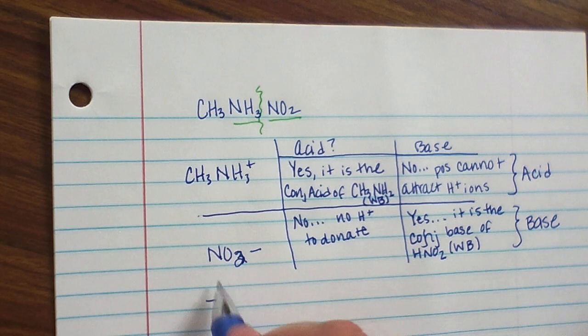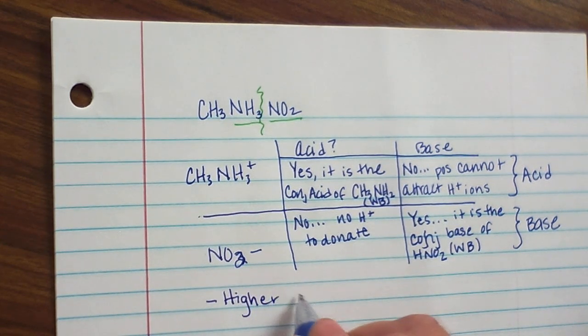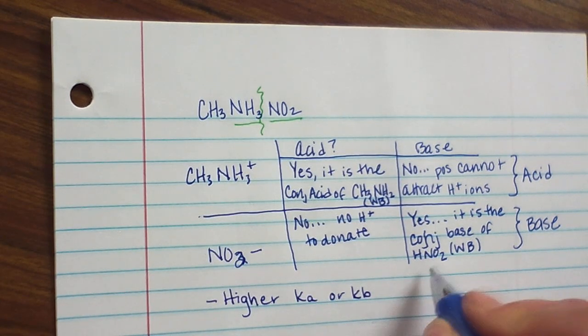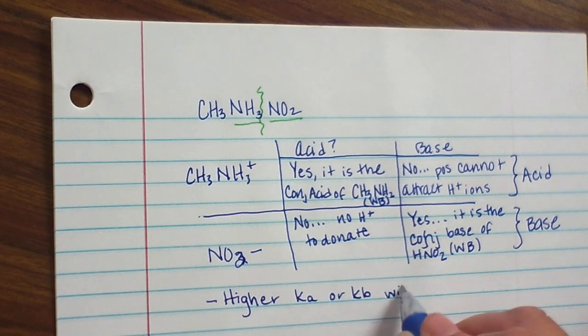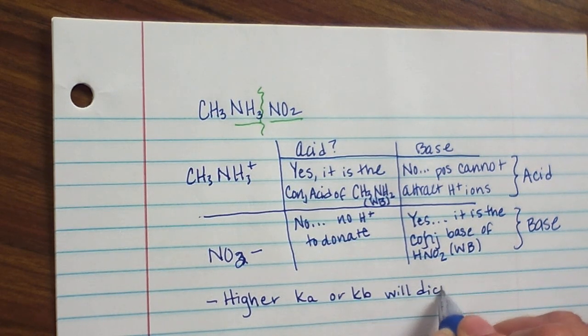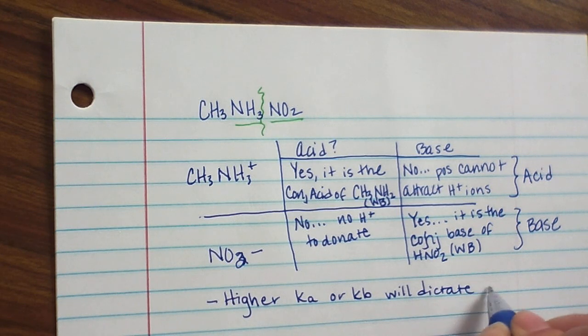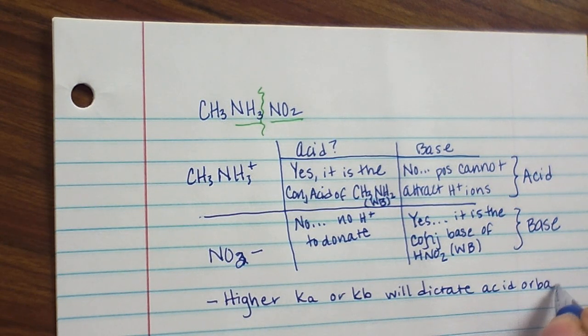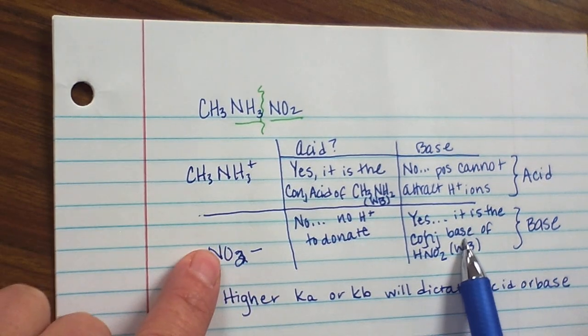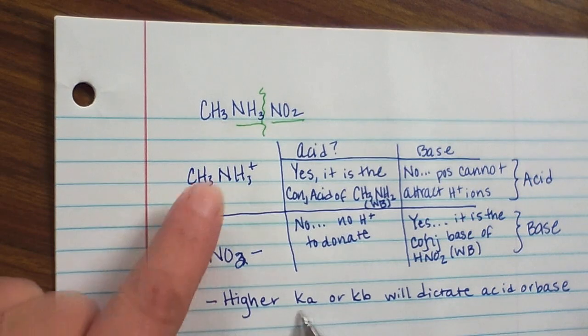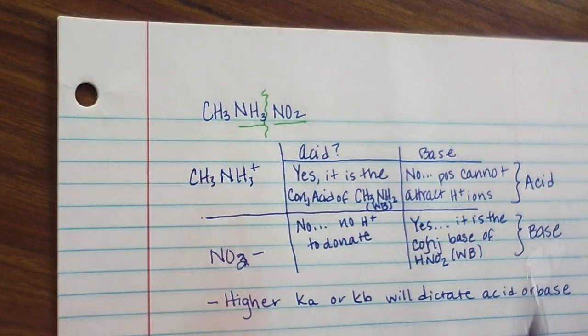The higher Ka or Kb will dictate acid or base. So if the Kb is higher, then it's going to be basic. If the Ka is higher, then it's going to be acidic.